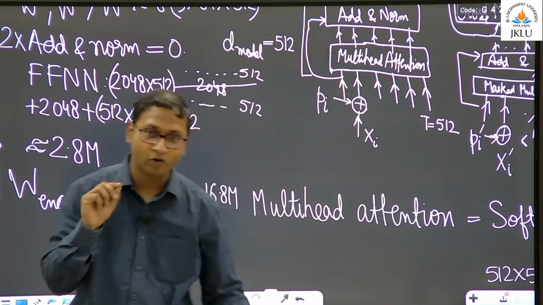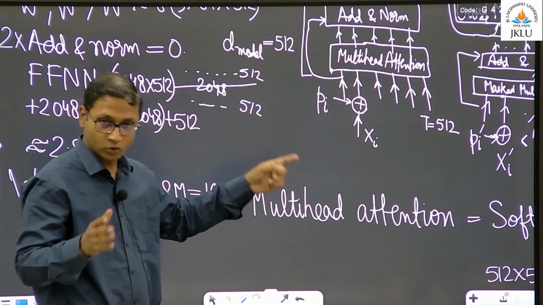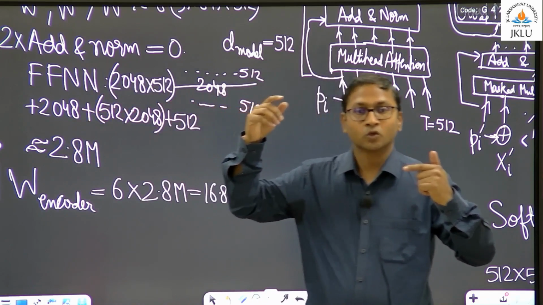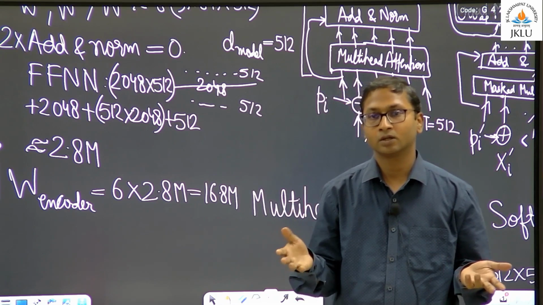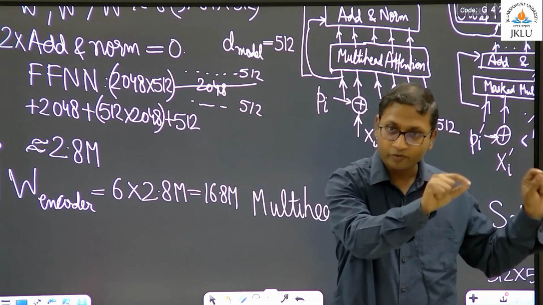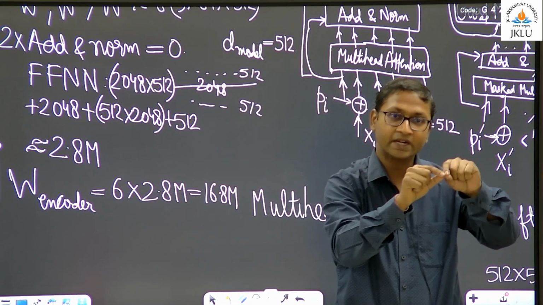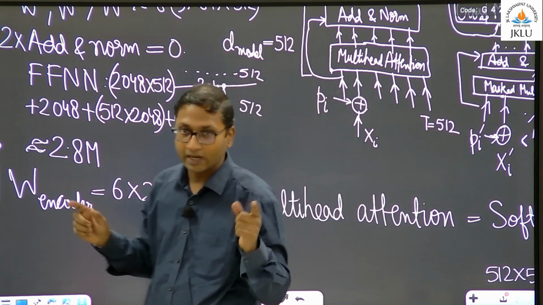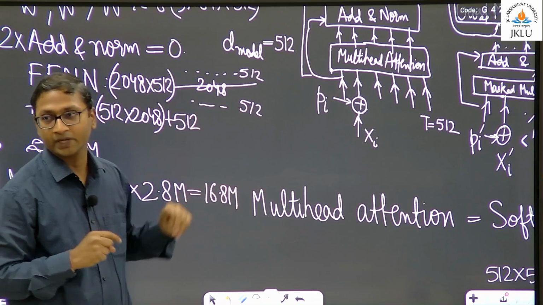So, we are still off by 12.5 million. So, because you have 25K tokens at the target and 25K tokens at the input, the another 25K cross 512 will come from there.